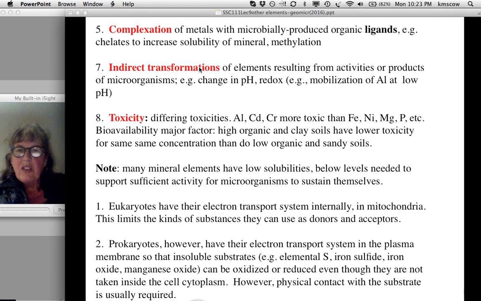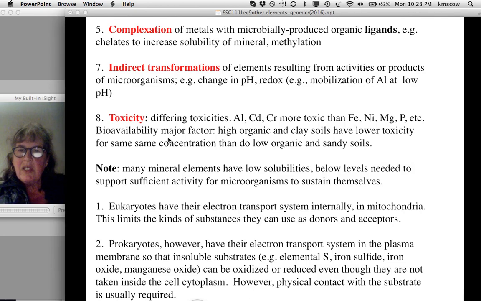Then we can have indirect transformations of elements from all the different things that microbes do, changing the pH, the redox, that can result in mobilization of ions that might have otherwise stayed put, or solubilization. So these are super important in soil, all the ways microbes shape the environment, causing the elements to behave differently.